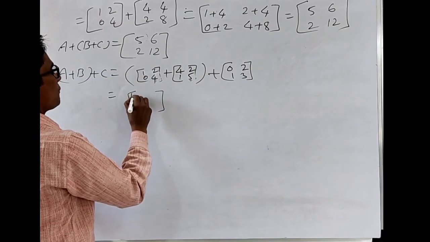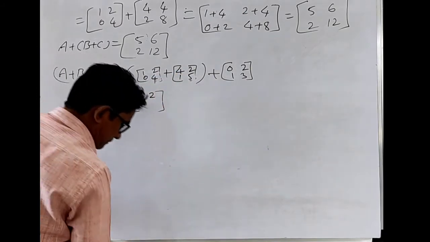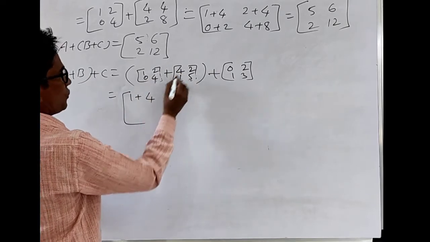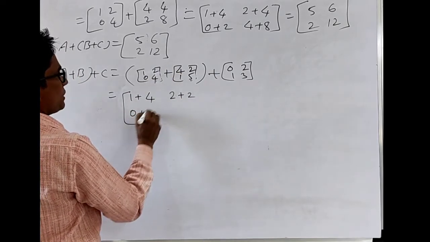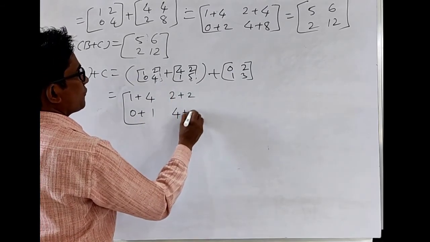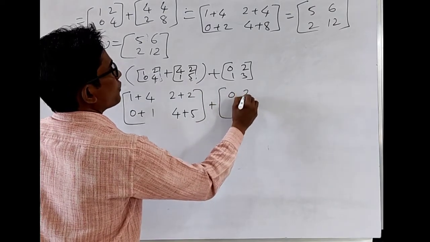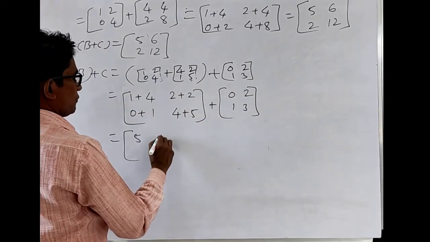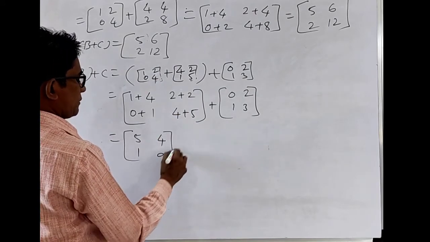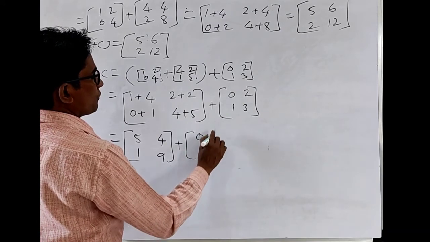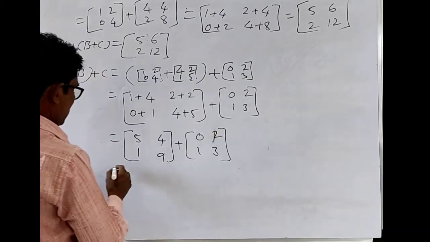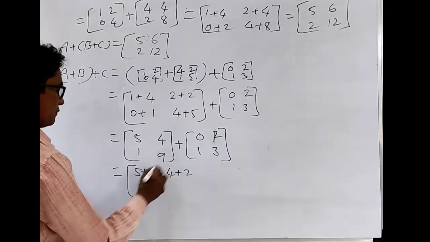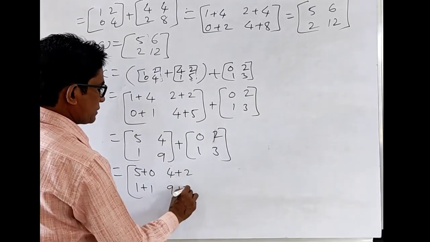Look here, 1 plus 4, 2 plus 2, 0 plus 1, 4 plus 5, plus [0, 2; 1, 3], is equal to [5, 4; 1, 9] plus [0, 2; 1, 3], is equal to 5 plus 0, 4 plus 2, 1 plus 1, 9 plus 3.